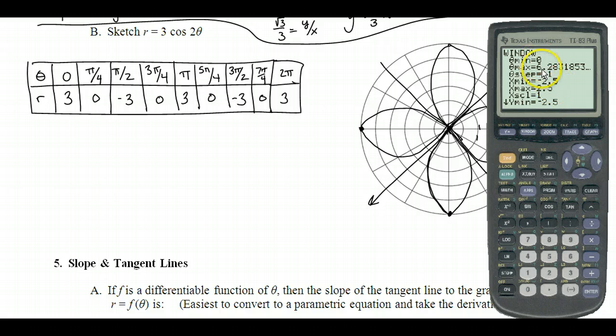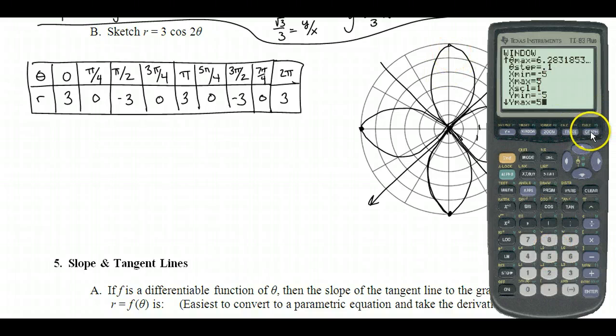So I'm going to go from 0 to 2 pi, which I have, and then theta step, just like for our parametric, I go by 0.1 because it's calculated often enough that it looks like a nice smooth curve. For my x minimums, I'm going to go from -5 to +5, and for my y minimums, -5 to +5.